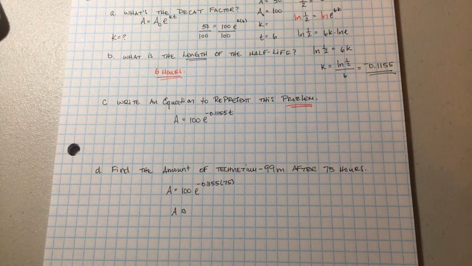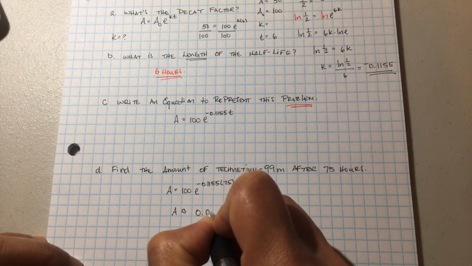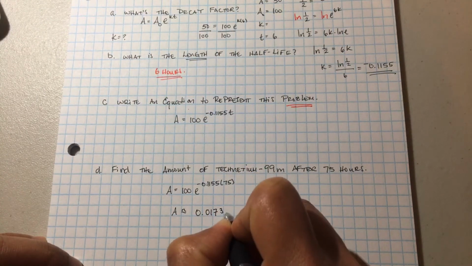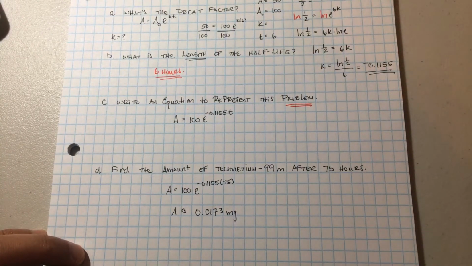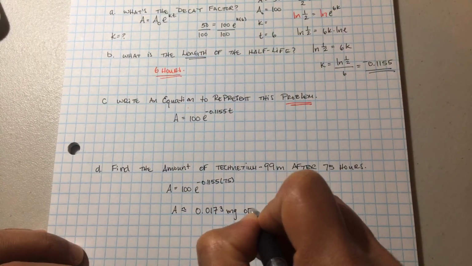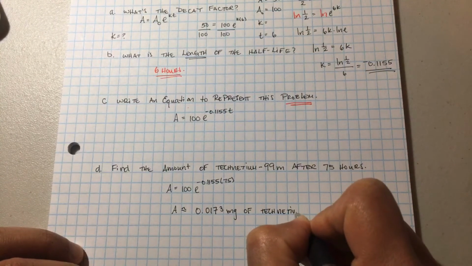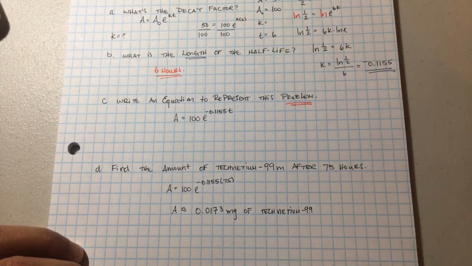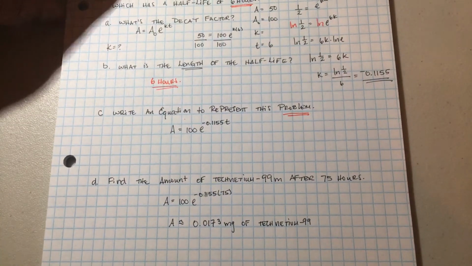So if I do that correctly, I should end up with approximately 0.0173 milligrams of technetium-99. Okay. And that's it. That's it. So hopefully that helps and it makes sense.